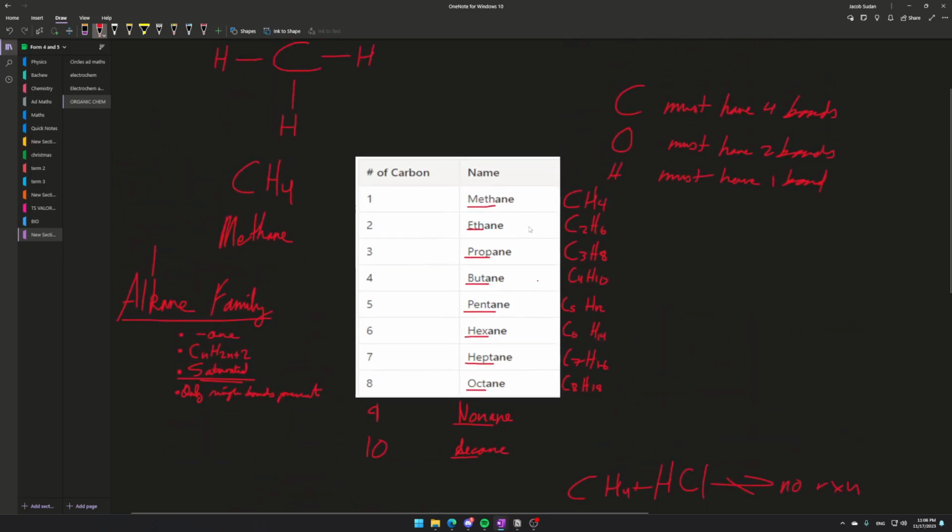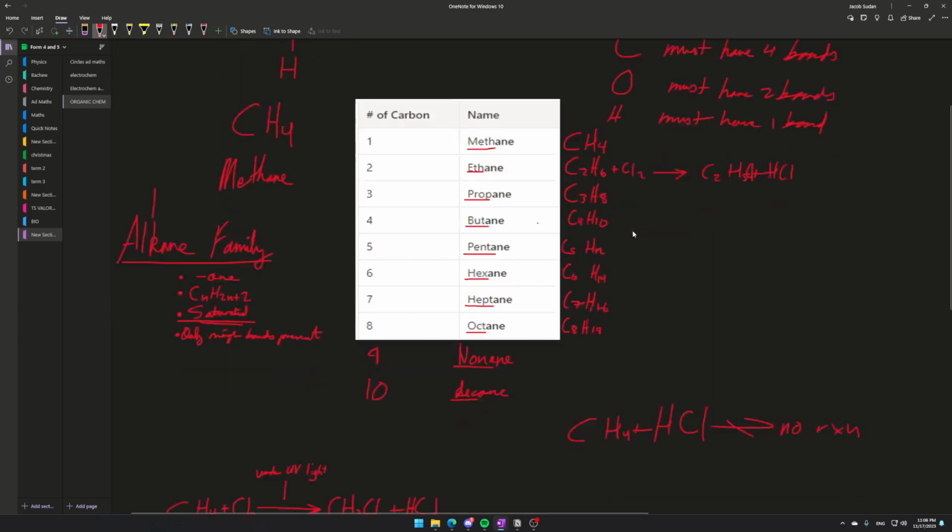And it follows the same trend. So ethane plus Cl2 gives us C2H5Cl plus HCl. So basically what's happening is we're losing one hydrogen and it's being replaced with a Cl, and the other Cl bonds with the hydrogen. That's what happens.